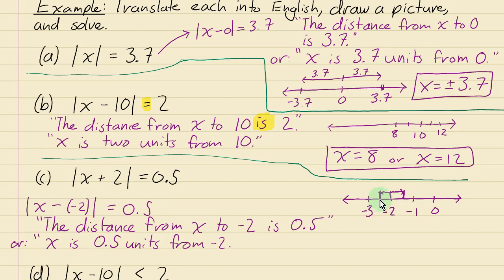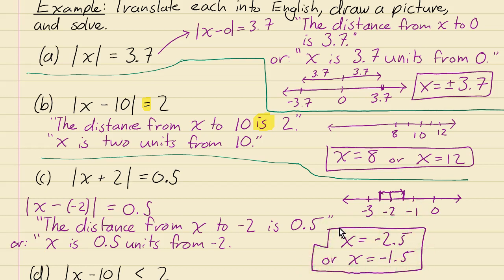If you go to this point, you're halfway between -2 and -3. And if you go to this one, you're halfway between -1 and -2. So the solutions are x equals -2.5, that's the one that's half of a unit that way, or x equals -1.5, that's the one that's halfway between -1 and -2.